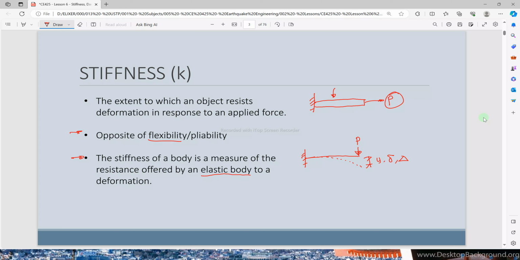And what is an elastic body? A body is elastic when, if you remove the force, it returns to its neutral formation. So the stiffness of a body is a measure of the resistance of an elastic body to a deformation. An elastic body resists deformation.